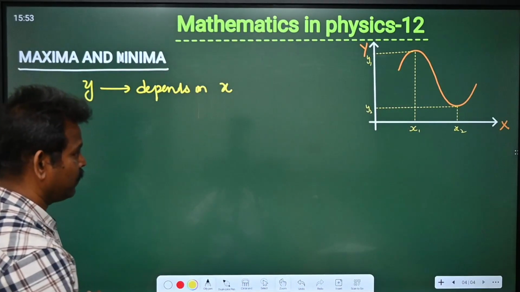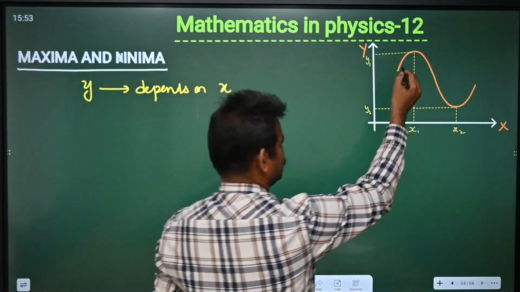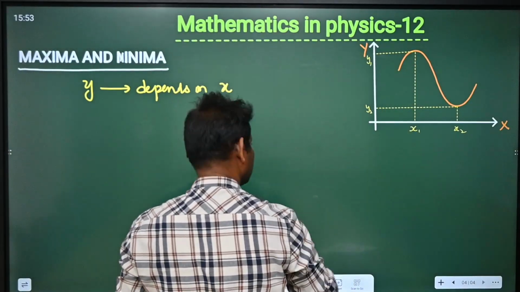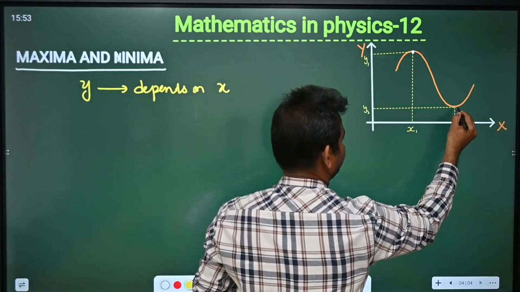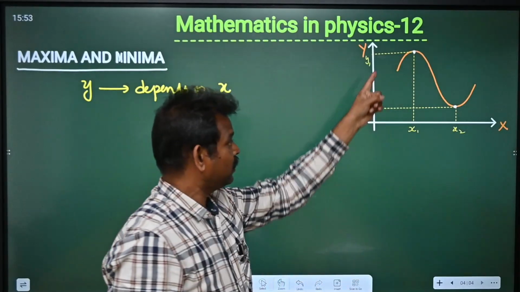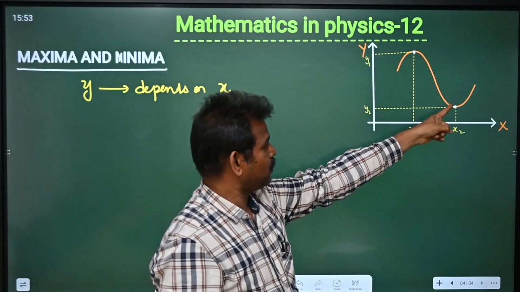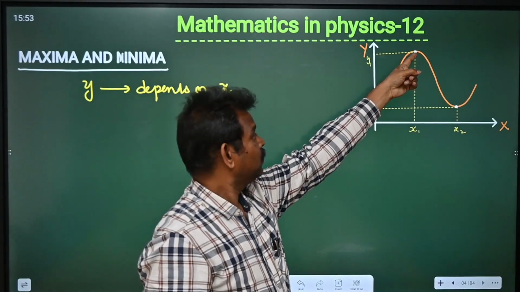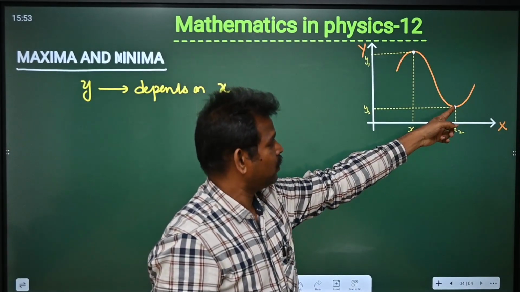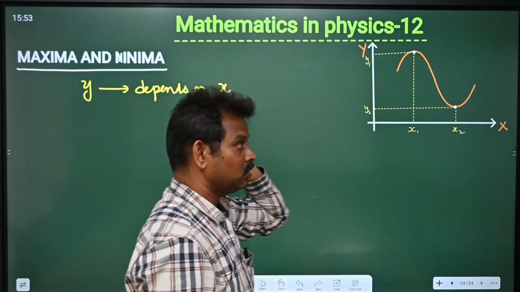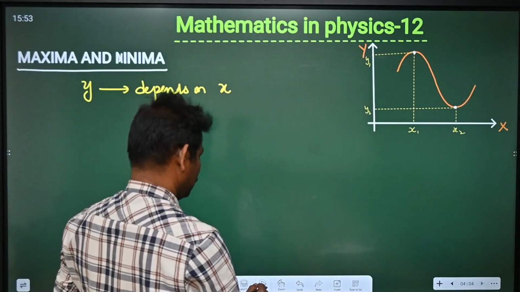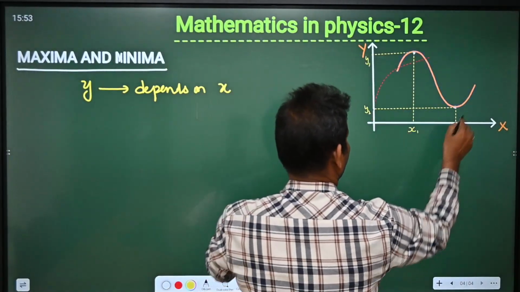Now in this one, if you take this point and another point here, at the first point P and Q, here y has maximum value, here y has minimum value.